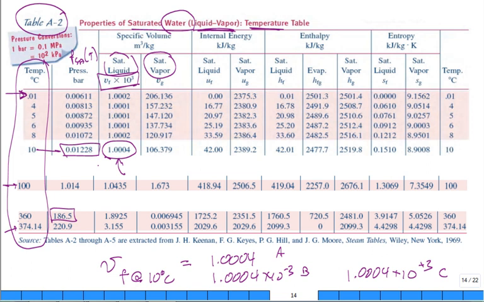I didn't put the units in there, but the units are meter cubed per kilogram. I want to know the specific volume of water, saturated liquid at 10 degrees C. Is it answer A or answer B or answer C?